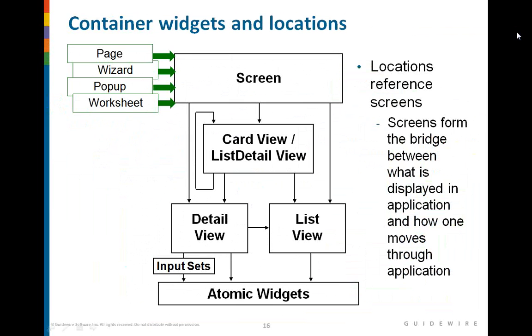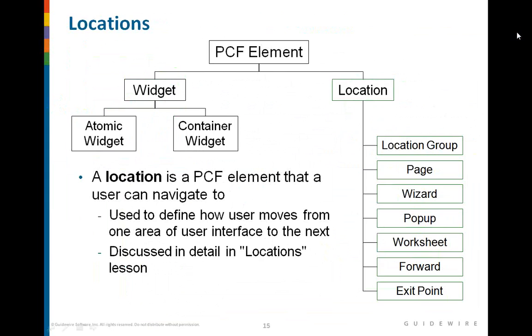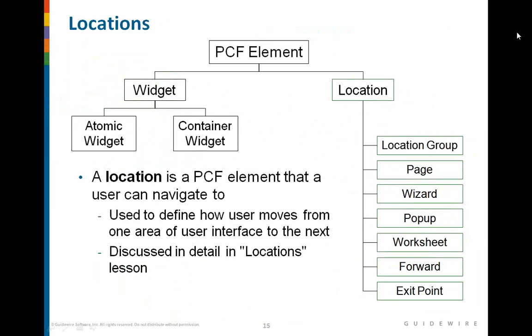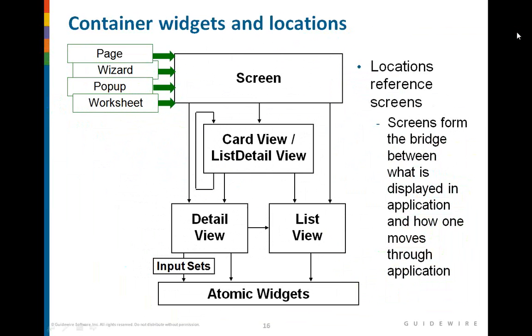Whatever you see here, location view, forward, base, wizard, pop-up, worksheet, these are all navigating to the screen itself. If I click on a page, it will navigate to the screen, and the screen will again render the secondary or primary views or atomic widgets.